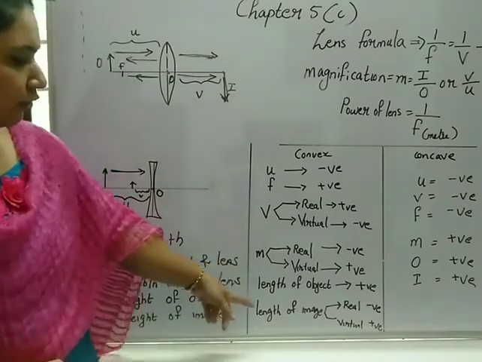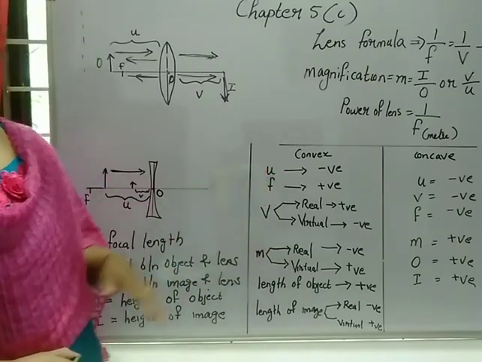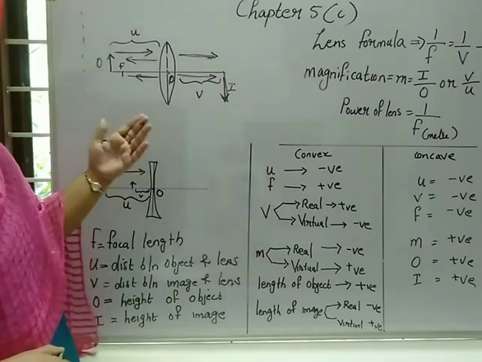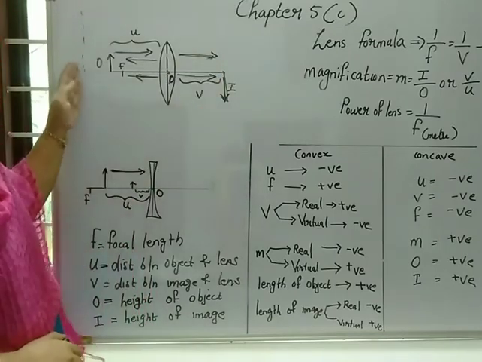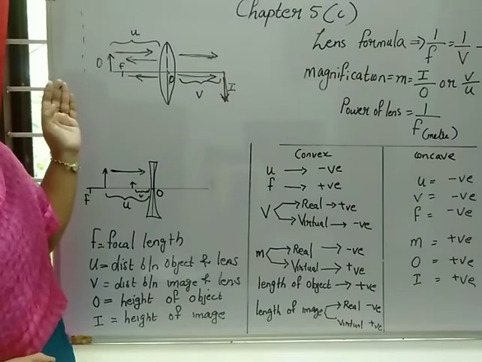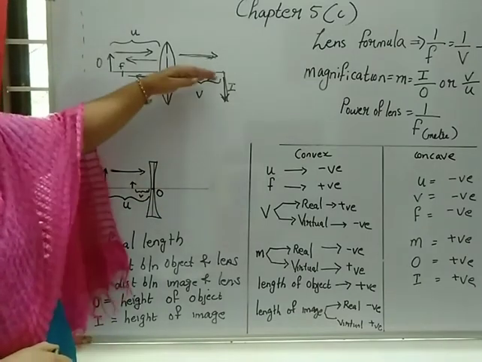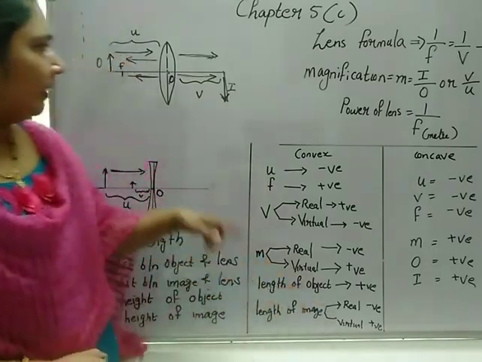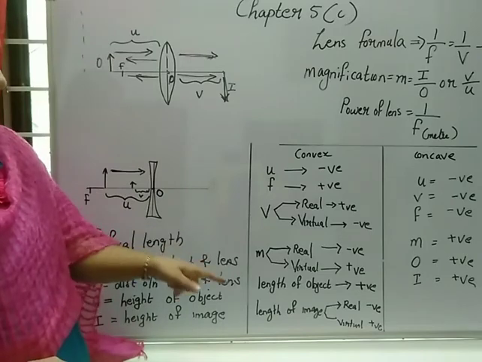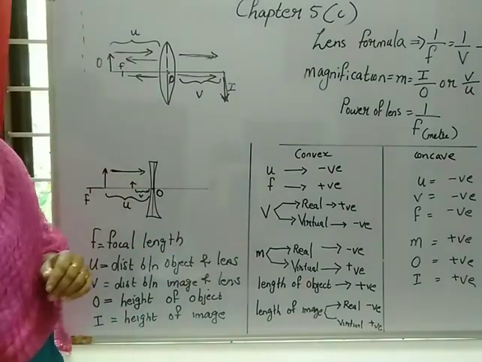Then the length of the image. In case of a convex lens, sometimes we will get an inverted image, that is a real image. Sometimes we will get an erect image, that is a virtual image. If it is a real image, it is below the principal axis. So the length of the image, if it is real, is taken negative, and if virtual, it is above the principal axis, so it is taken positive.